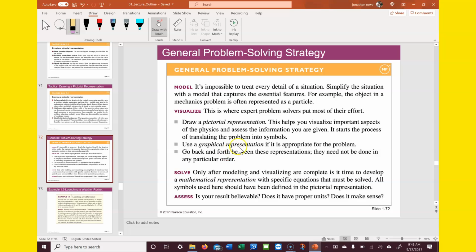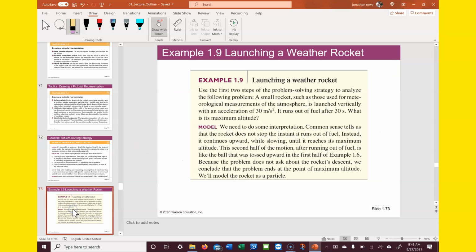We may even, after we draw the motion diagram, want to use a graphical representation, like a position versus time graph. We haven't talked a whole lot about those, but we've talked a little bit about it.